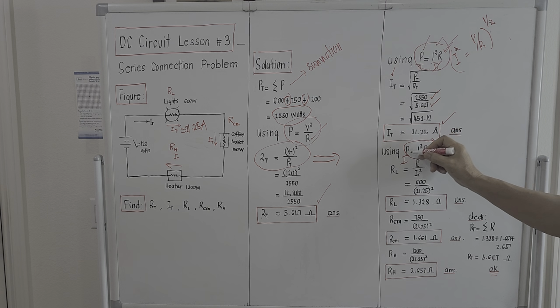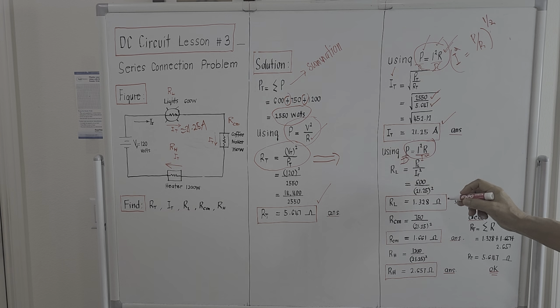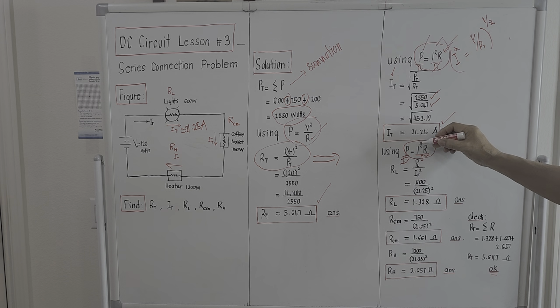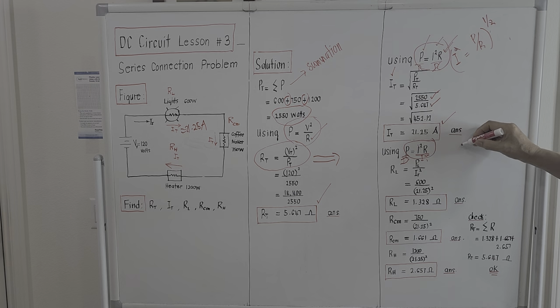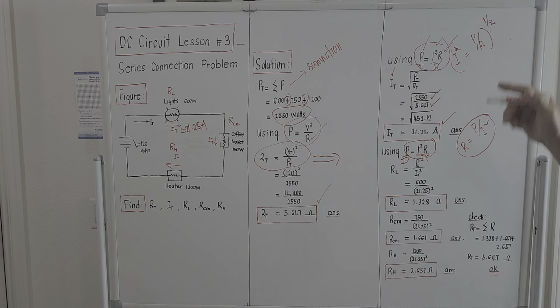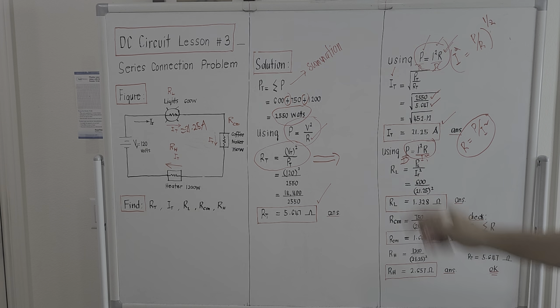The I square over I square cancels on the right-hand side, so what remains is R. And the left-hand side will be the ratio P over I square. So this will be the formula on how to compute the individual resistances of each load.